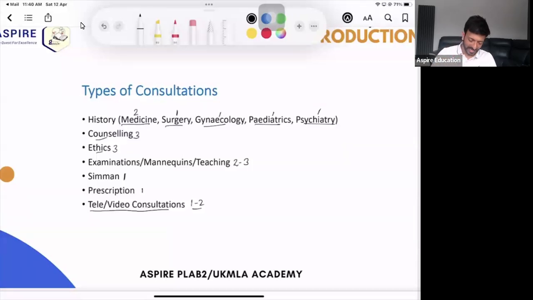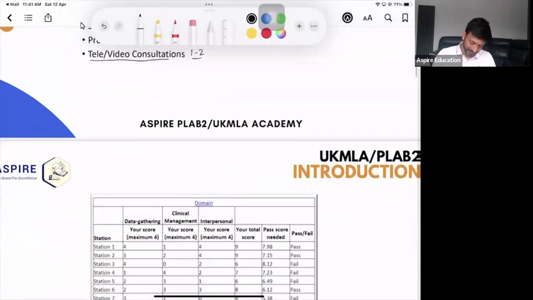After COVID, they used to have many tele-video consultations, but now it is limited, maybe 1 or 2. A teleconsultation can be any scenario: history, counseling, or an ethical scenario as well. Definitely it's not going to be examination, but anything else can be in teleconsultation. All right, so that's how it works.